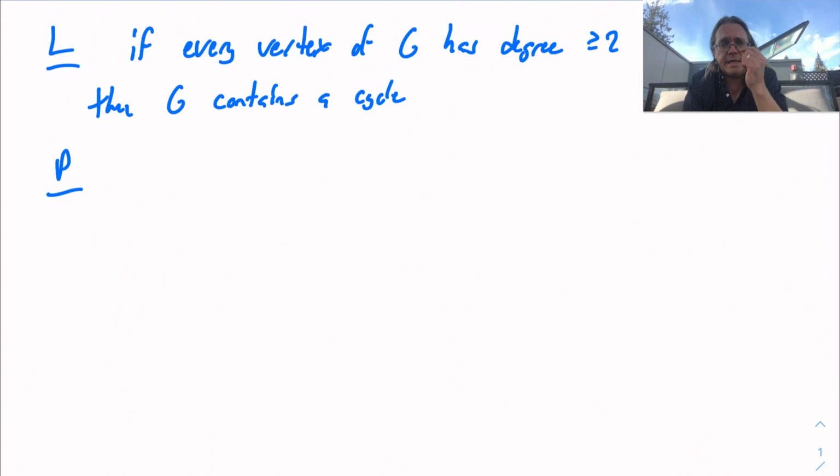This is a very easy lemma that can be proved a number of ways. One thing you can do is just start greedily constructing a walk. But since I spent some time emphasizing it, let me suggest an alternate proof.